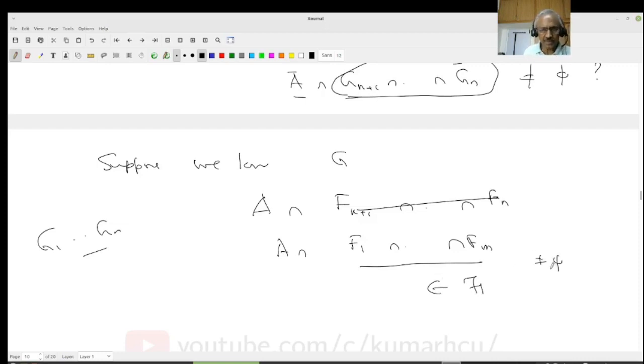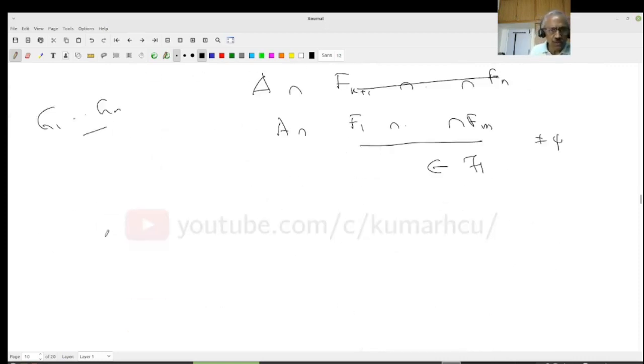Do you understand this? This will follow if we can prove that for every finite family F1, F2, ..., Fn in script F, F1 intersection Fn is in script F.